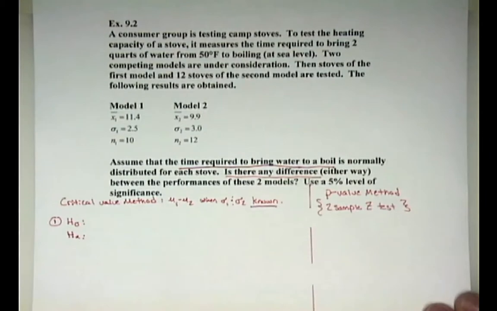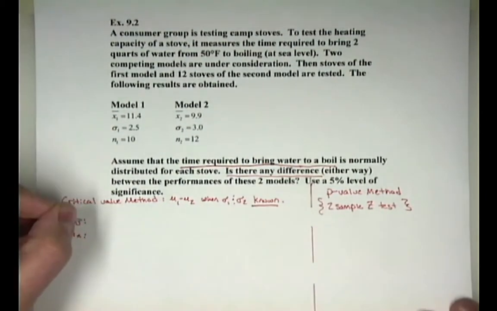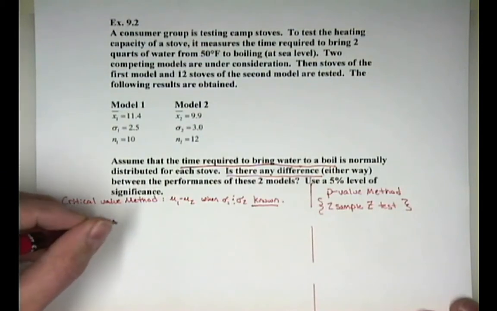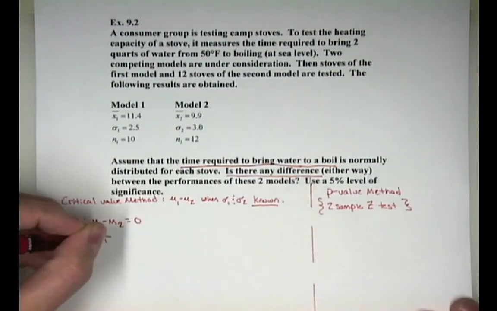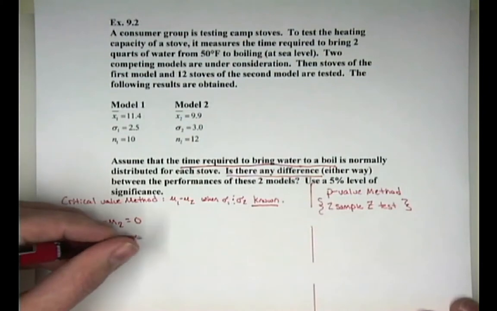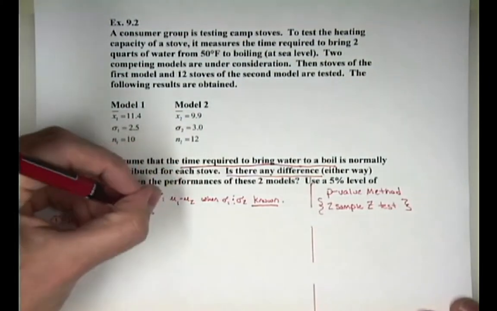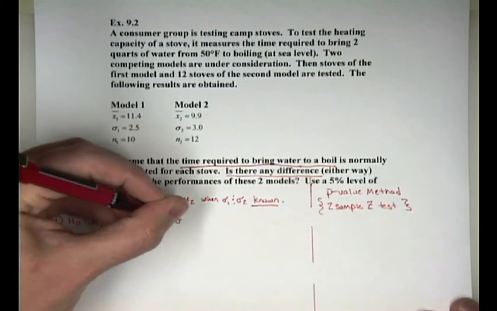So I'm going to illustrate the critical value method, which states that we set up our hypothesis. H0 is the difference of means is equal to 0, meaning there is no difference between the stoves. And mu1 minus mu2 not equal to 0, meaning there is a difference. So this means there's no difference.